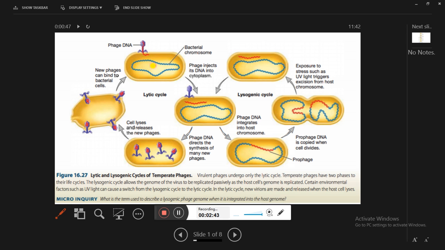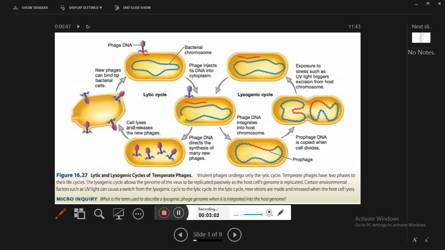the two life cycles. In the lytic life cycle, this injected RNA or DNA takes control over the host cell. Means in the lytic cycle, this RNA or DNA of the bacteriophage expresses immediately.